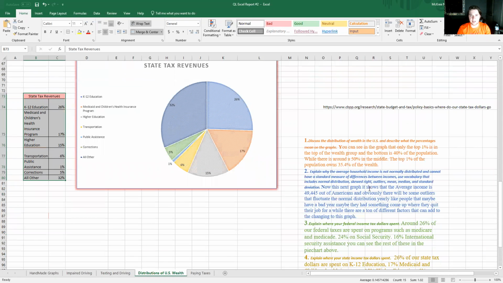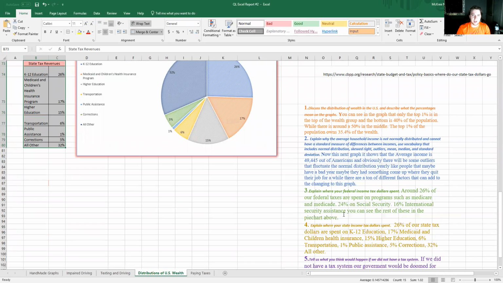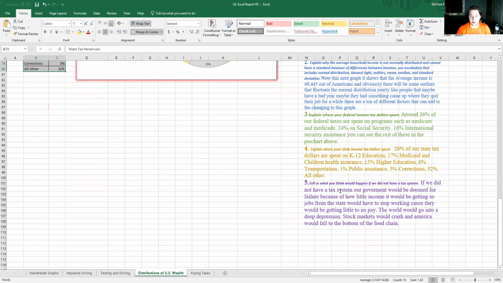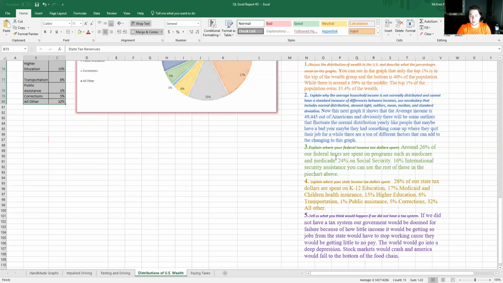If we didn't have a tax system, that'd be kind of chaos. I say down here that if we didn't have a tax system, our government would be doomed to failure because of the little income it would be getting, and the states would have to stop working because they would be getting little to no pay. We'd be going into a deep depression. Stock markets would crash, and America would fall to the bottom of the food chain.